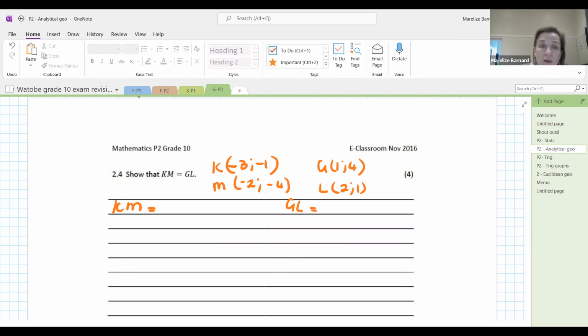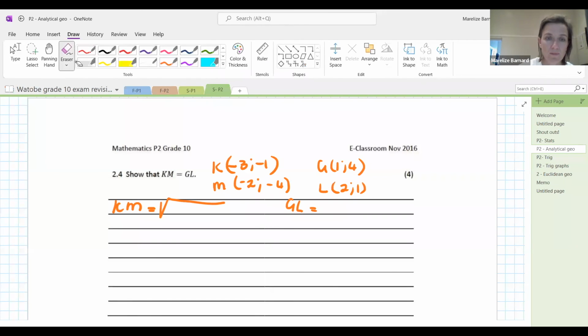Now remember, if you're still writing your exam, you might not get a little cheat sheet with all these formulas on it. You must know them. But I'll write it down. It's x2 minus x1. You know, it's a bit like Pythagoras.